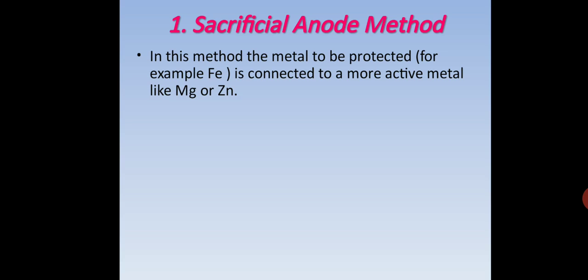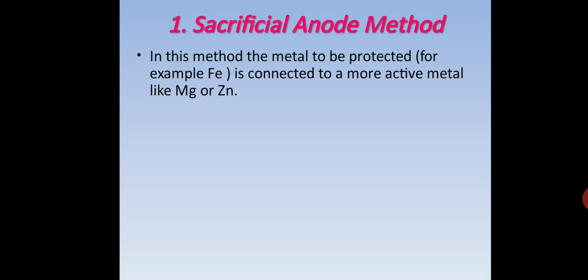Sacrificial anode method, as the name itself indicates: sacrificial anodes are introduced, which are connected to the article to be protected, and they undergo corrosion. So let us begin with it.